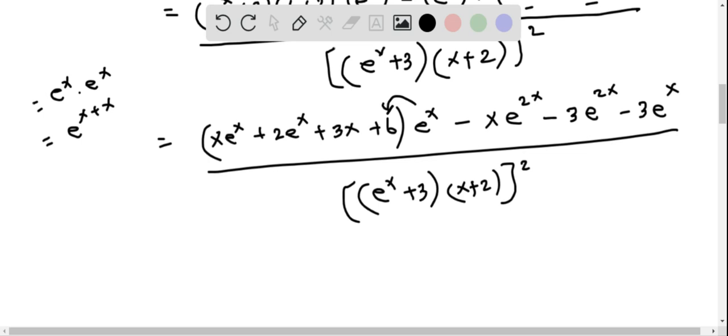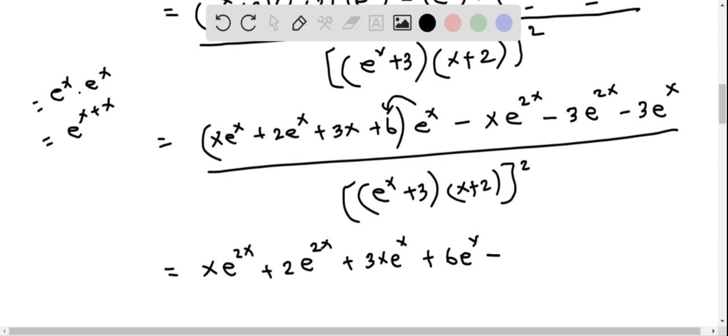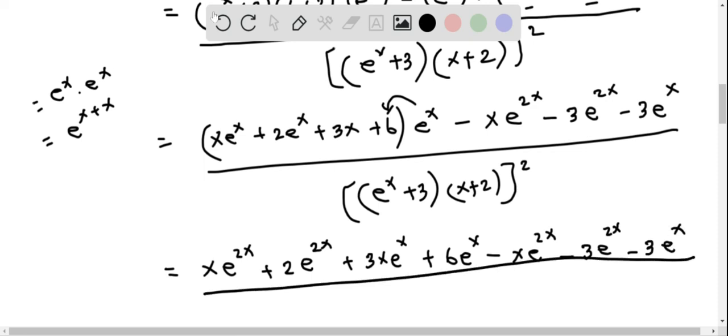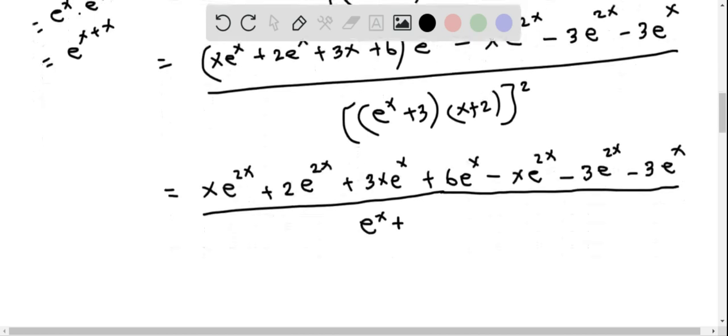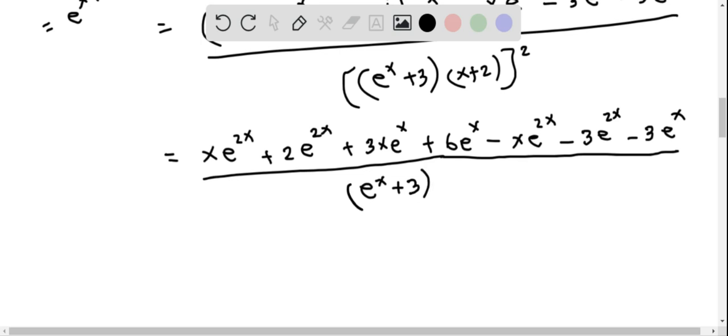Therefore we will have x times e power 2x plus 2 times e power 2x plus 3x e power x plus 6 e power x, minus the remaining terms, that is x e power 2x minus 3 e power 2x minus 3 e power x, and this has to be all over the same expression, that is e power x plus 3 times x plus 2 quantity squared.